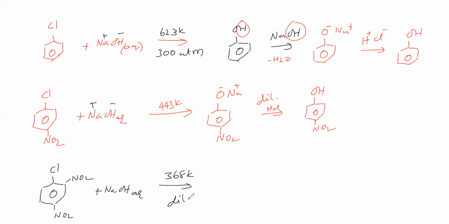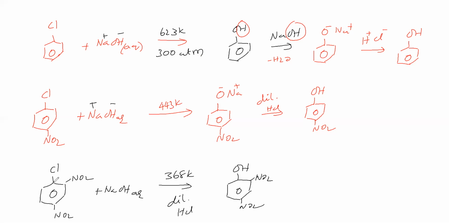Therefore, we will treat with dilute HCl. So Cl will be replaced by OH. Okay, so here NO2 group, here NO2 group. In this case, you see that the temperature required for this nucleophilic substitution is still less than above, because 2 electron withdrawing groups are there.